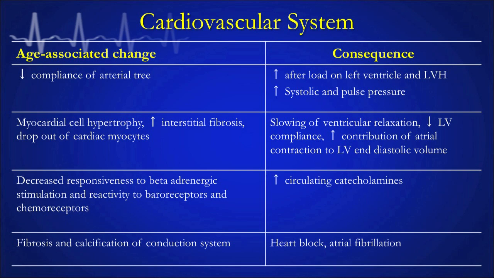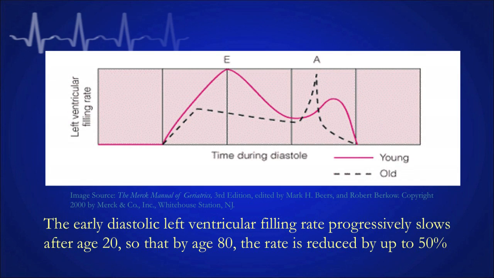Atrial fibrillation is a very common arrhythmia which we see in older patients. So in terms of what happens with the stiffness of the heart and what impact that has on an older person in terms of their cardiac function, if you look at the younger individual, with the red line, you can see that most of the diastolic filling actually occurs in early diastole, because the heart is able to relax and you can have the ventricular filling.